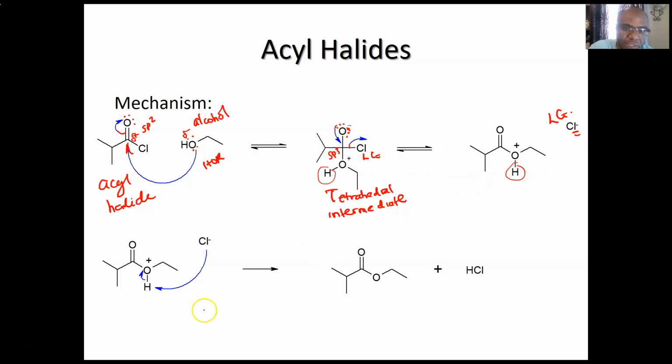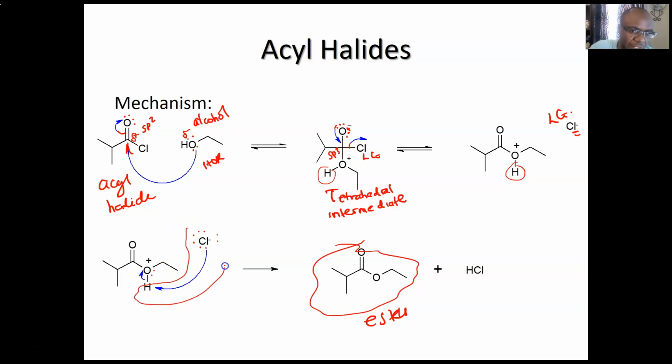It's still holding on to its proton. So we have to use the leaving group that left to come back and deprotonate it, because I always tell you molecules always like to be neutral. Organic molecules like to be neutral, and that's how you get your ester. Because the Cl took out the hydrogen by proton transfer, you get HCl.